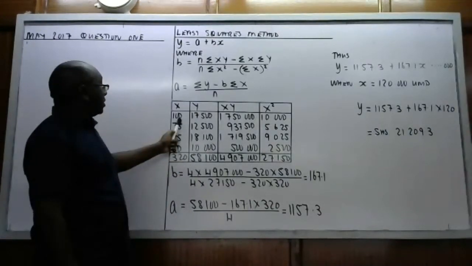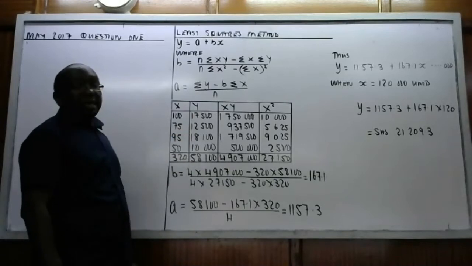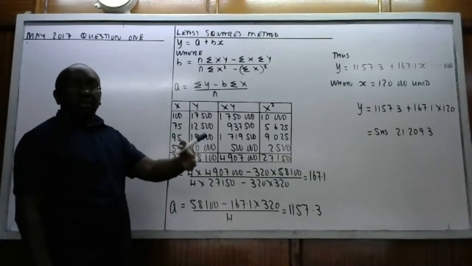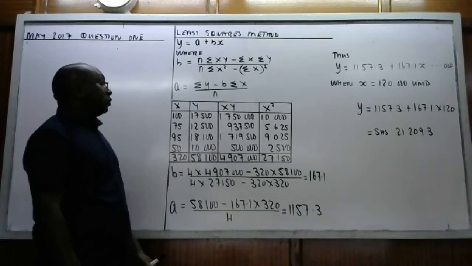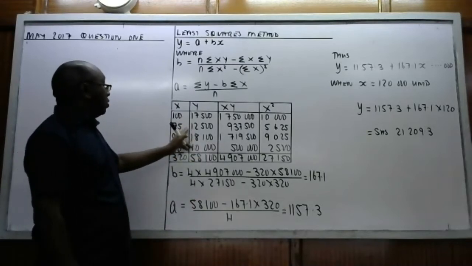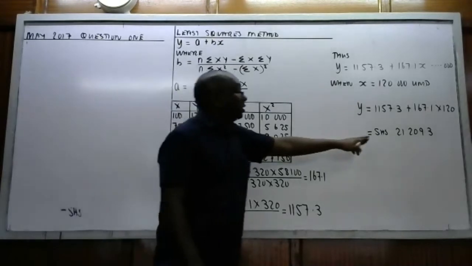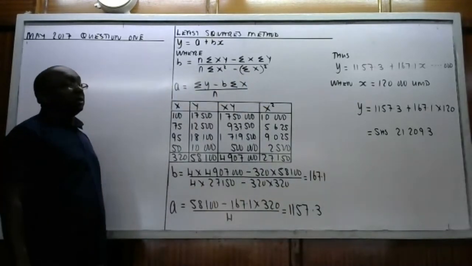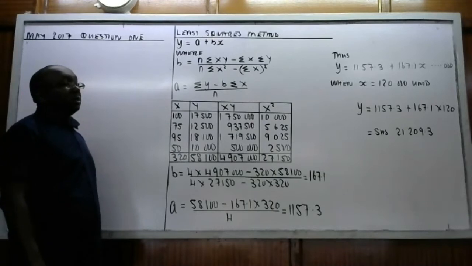If these are units, these are costs. And that's why we call them cost forecasting methods. So we are using units to forecast cost. Though these ones were units, the end result there is cost. And Y can also be given as overheads.